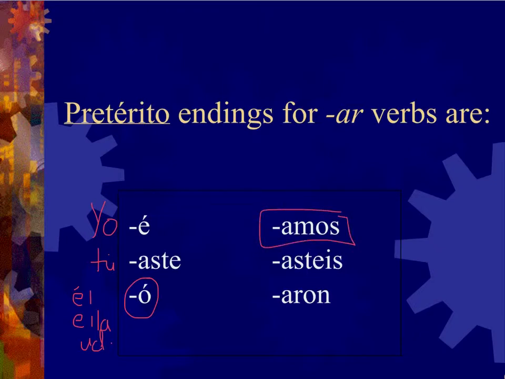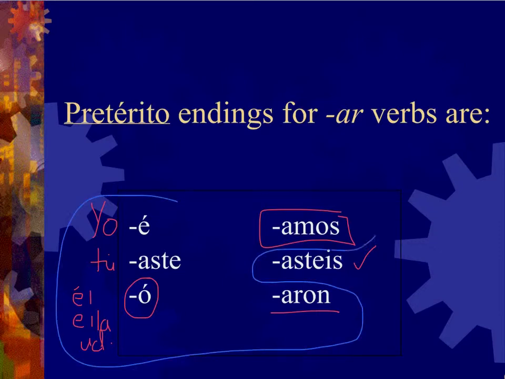Amos, notice it's the exact same as in present tense. Asteis, okay, we don't need to worry too much about that. And aron, okay? So the most important here are these forms, okay? And remember, amos is the same in present and past.